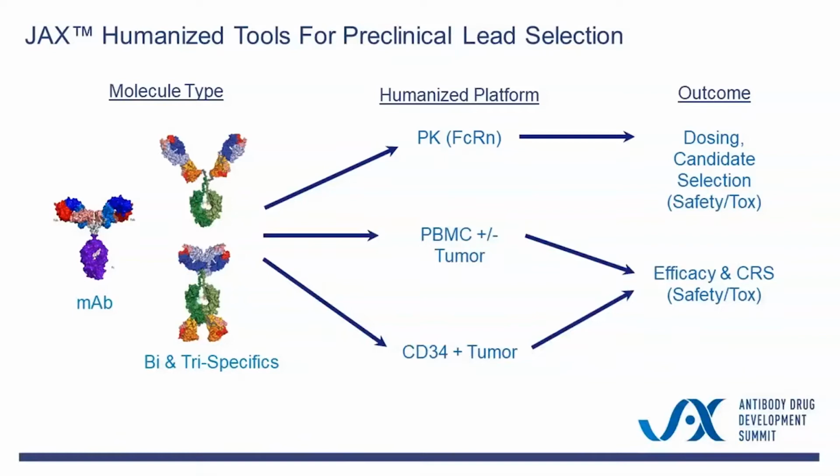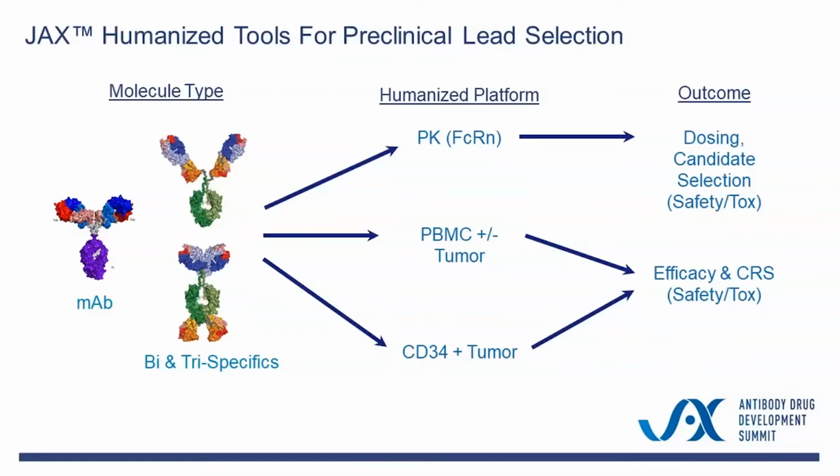Now, Greg just gave us a really wonderful overview of how the Humanized FcRn platform can be used for your lead selection. And so what I'm going to focus on is the next stage: how we can take a look at these molecules in terms of efficacy and safety. Safety is in terms of cytokine release syndrome.